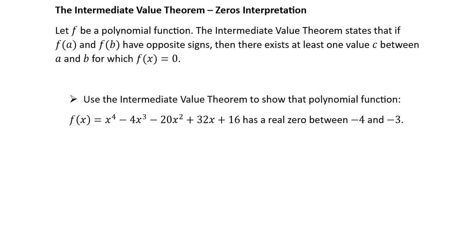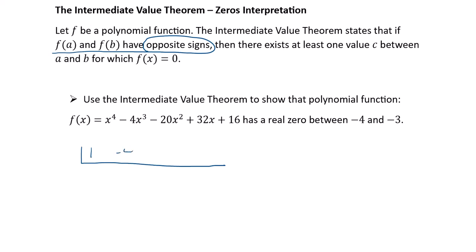Let's use the intermediate value theorem to show that this polynomial function has a real zero between -4 and -3. So we know that we can find f of a and f of b and the sign of those by doing synthetic division. Let's go ahead and run synthetic division here.